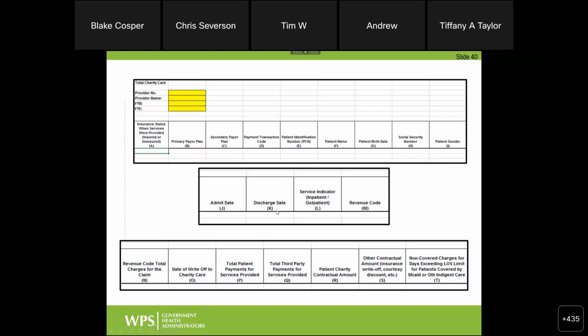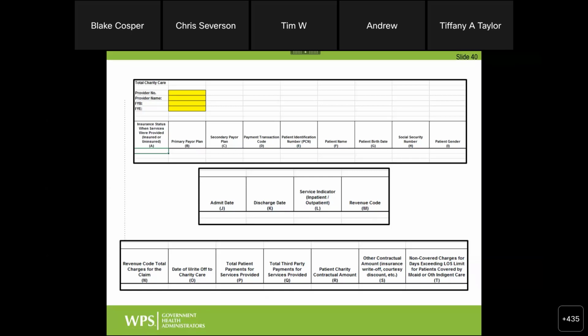We need the admit and discharge date, of course. We need to know if it's inpatient or outpatient, which I guess you can largely tell by the admit and discharge date. And we need the revenue code, but really only if you have professional and physician charges commingled into one claim, then we need to have each claim broken out by revenue code.